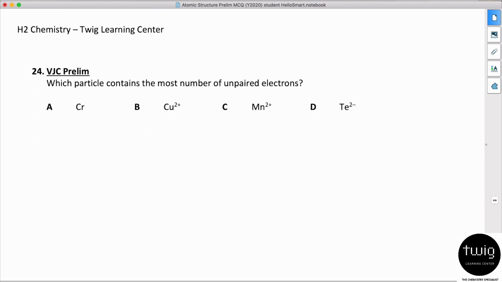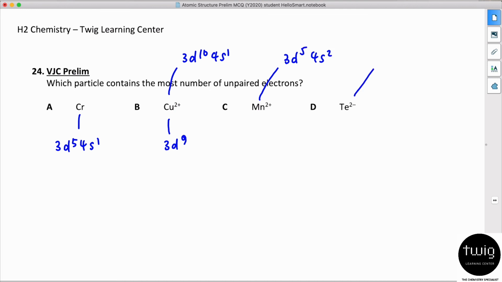Which particle contains the most number of unpaired electrons? For chromium, it is 3d5 4s1. Copper itself is 3d10 4s1, but since it's 2 plus, it becomes 3d9. Manganese is 4s2, 3d5. Tellurium, I'm just looking at the element itself first.